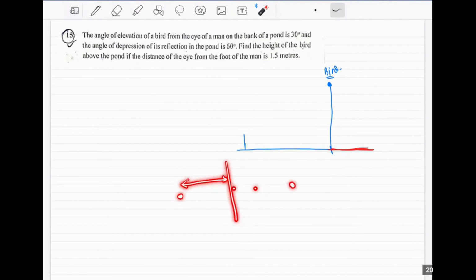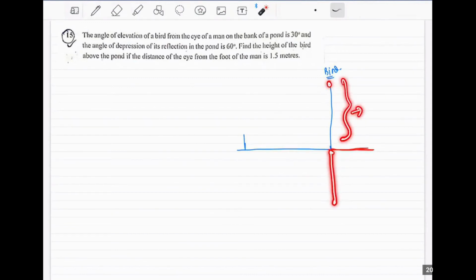The image that you are seeing, it will be behind the mirror at the same distance. Okay. So likewise, when the bird is above here, there will be a reflection. The reflection image will be down below. If this is, for example, let's say 5 meter tall, this will also be how much? 5 meter down below. So there is a reflection down below. Let me draw the reflection with red. This is the reflection down below.